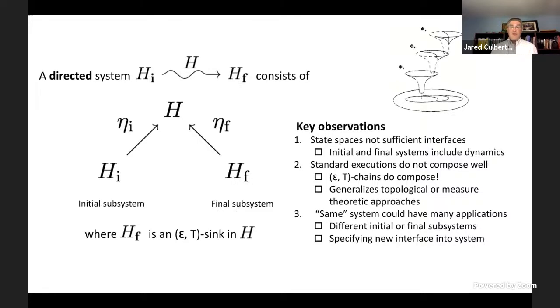And I'll also point out that it is really important that these initial and final systems actually have dynamics themselves, that these are not just state spaces. It's not just that you're describing an initial subset of states or a final subset of states that are appropriate for initialization and finalization, but rather that these are actually hybrid systems themselves, because it's often the case in real settings that it's not enough to say that you're in this state.